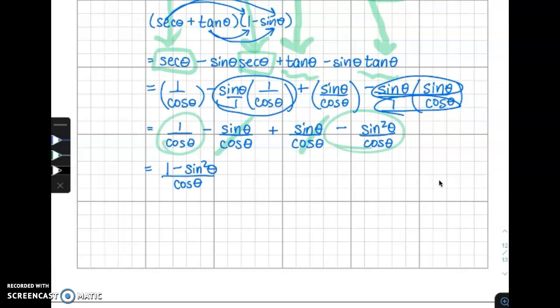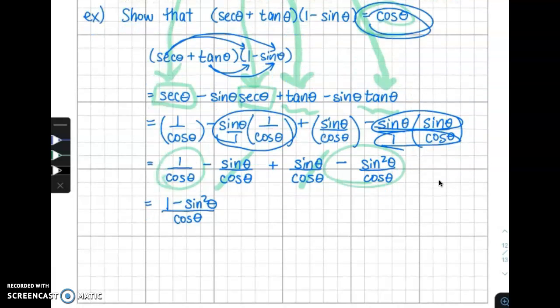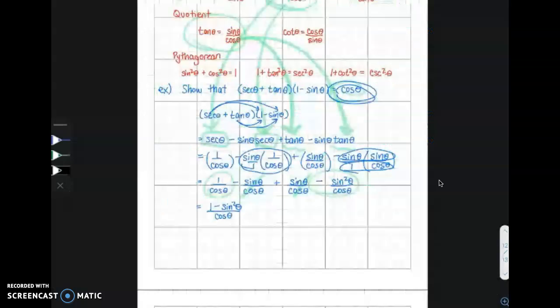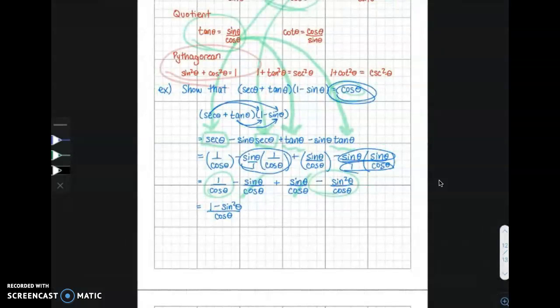Remember, my end goal is cosine. I just want cosine at the bottom. So that clues me in that the top needs to simplify because it's still sine, and I need cosine. So then I'm going to go back up to my properties and try to find a property where I can get rid of sine squared and somehow get cosine out of it. So look at your properties. Which one do you think it is? And what you should find, it's this one, your Pythagorean property.